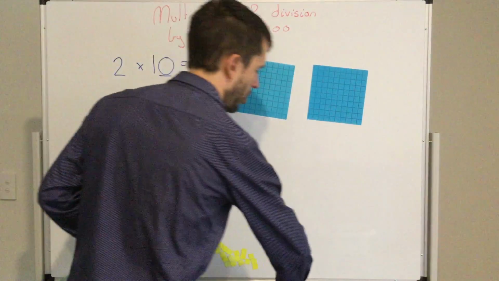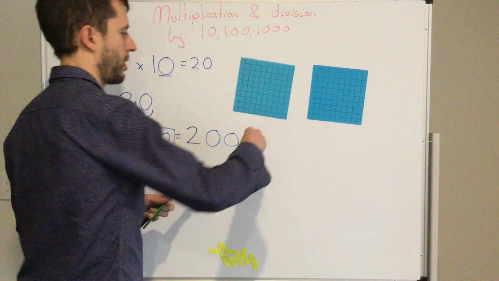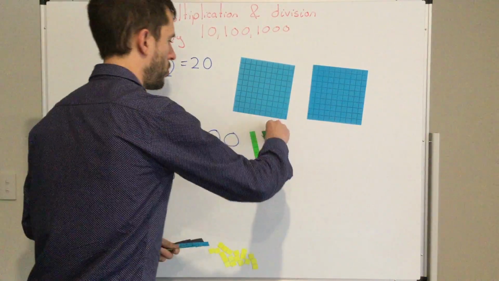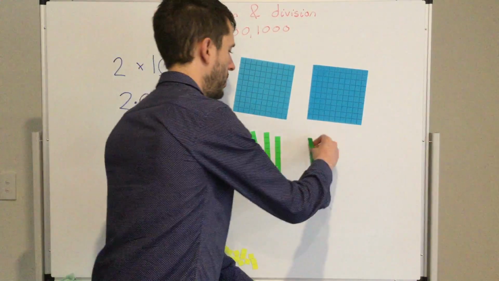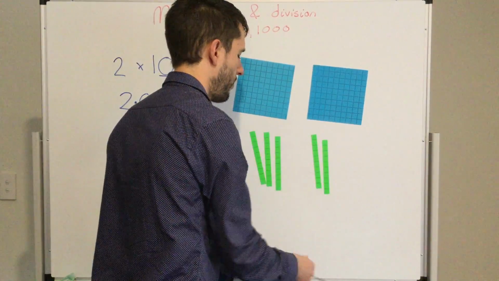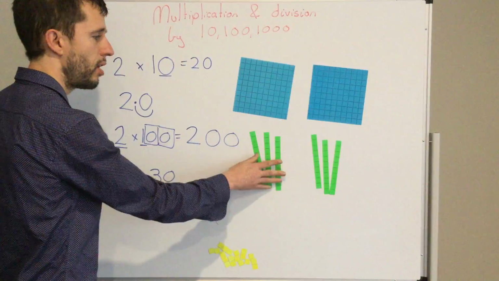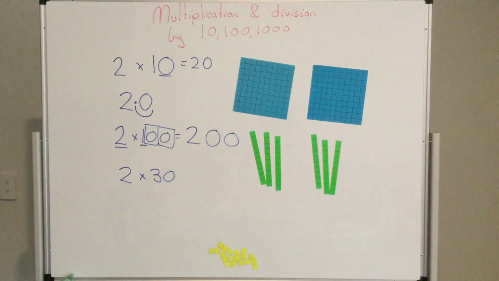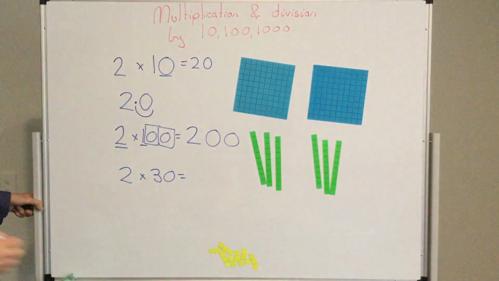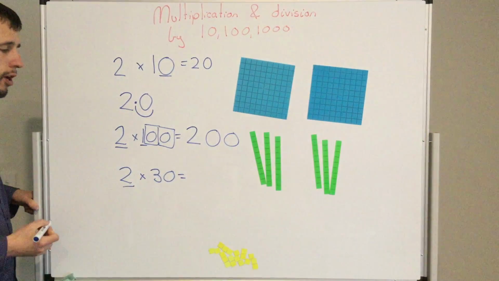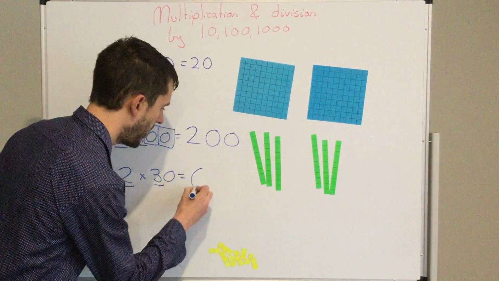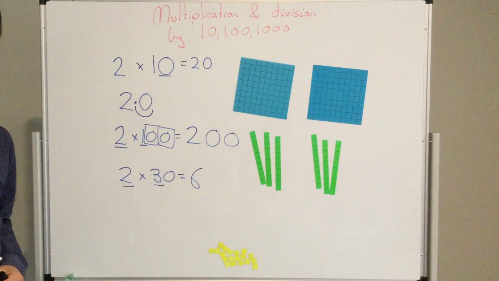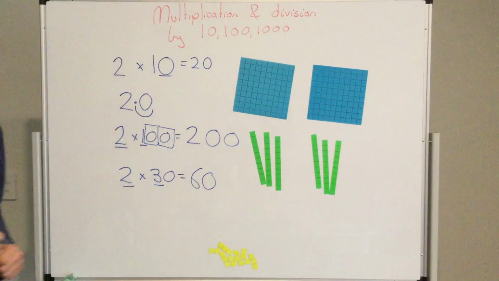I've got 2 lots of 30s. 10, 20, 30. 10, 20, and 30. So I've got 30 plus 30 equals 60. So all I would have done here is looked at my first number, looked at my second without looking at the zeros. 2 times 3 equals 6. How many zeros do I have? 1 zero, and I add the zero on.